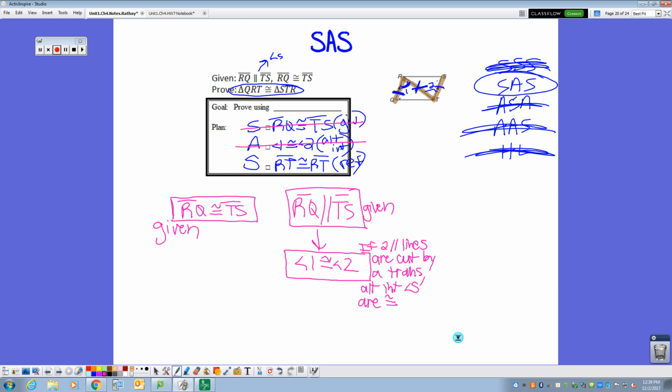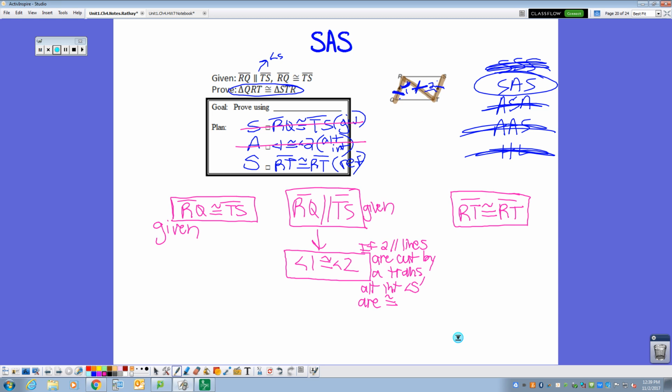Third branch, we have to get RT congruent to RT. Well, that's simple, since it's reflexive property. Now, some of you might have noticed that I'm saying RT congruent to RT, when technically the corresponding sides are RT and TR.